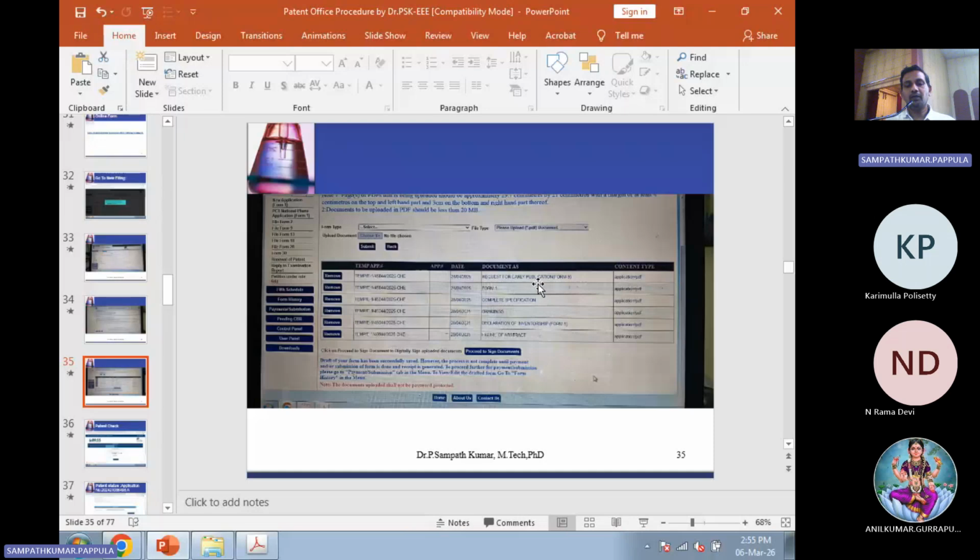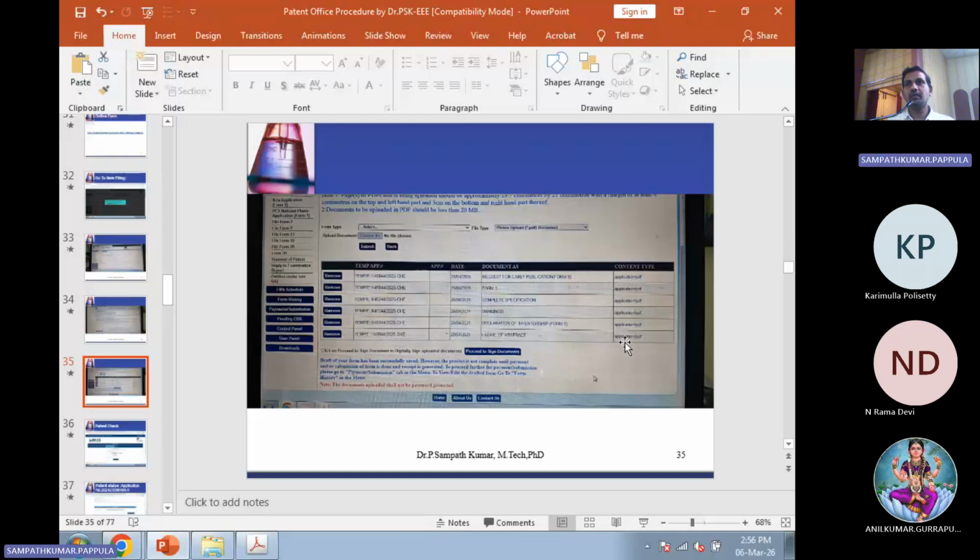Finally, after filing everything, they ask for the payment options. Using your UPI or bank, you can pay online only. It generates the payment file, so save it for future purposes. After that, it will generate one unique number.